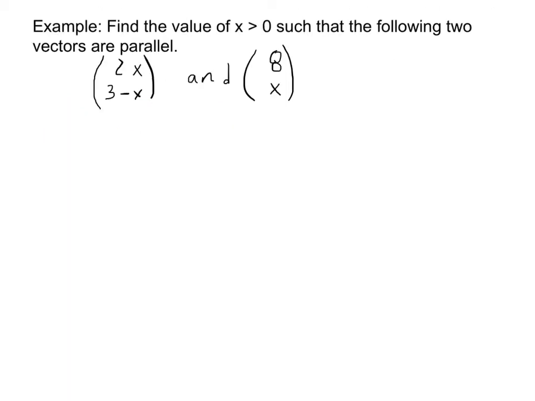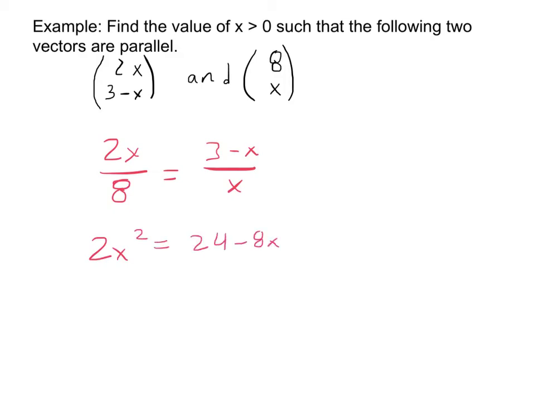So here's another simple parallel question. This one's only in 2 dimensions, but the same rules apply. They should be proportional to one another. So pause the video and work this one out for yourself. So again, we know that 2x over 8 should equal 3 minus x over x. Again, I'll multiply across. This gives me 2x squared equals 24 minus 8x.